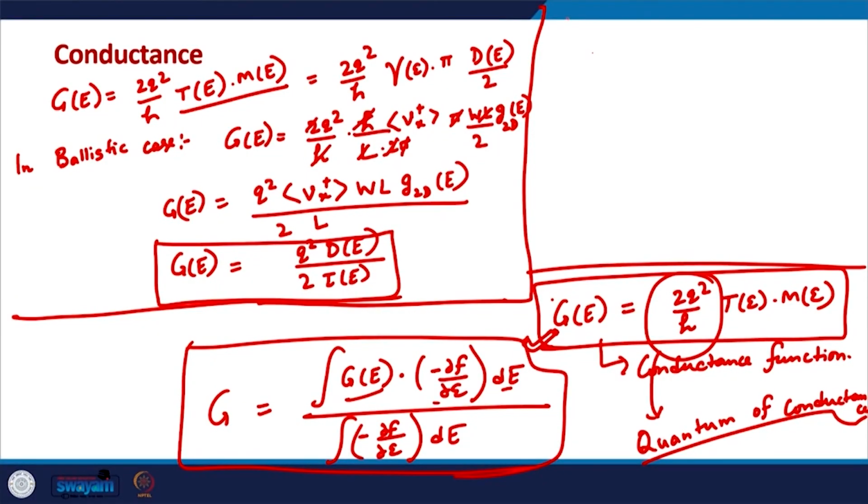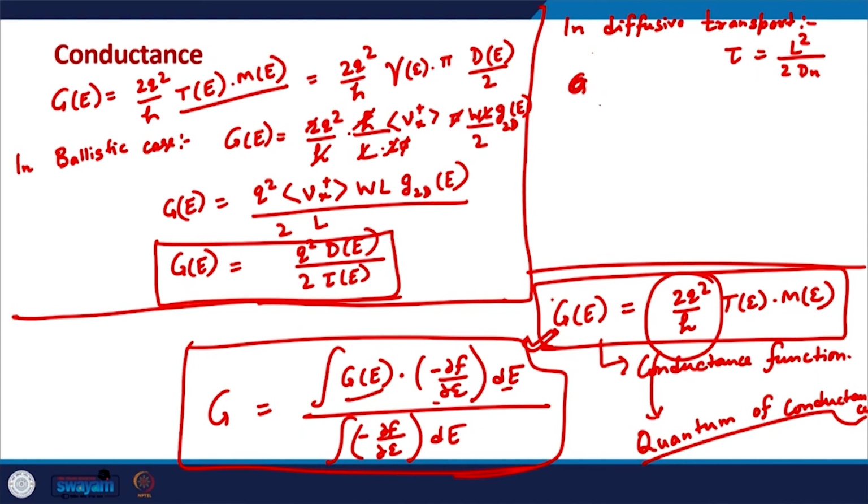Let us do a small calculation. We could not start the bulk transport case today, but we will do that in the coming class. In the diffusive transport case, this will be the same. Tau can now be written as L square divided by 2 D_N.